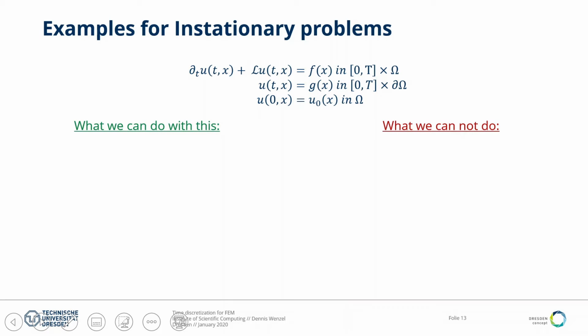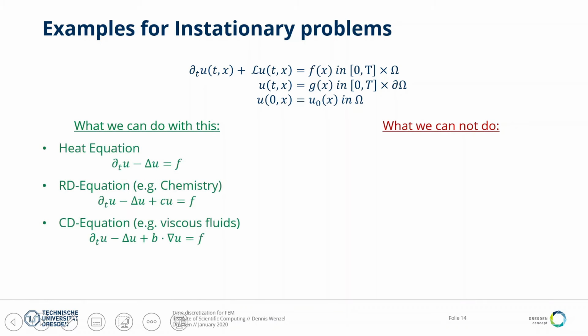So what can we do with this? This is a setting now, and I have introduced this general operator L for a reason, to cover a broad class of problems. So what can we do with this? We can model the heat equation. That's the example we will use later on in the rest of the lecture.